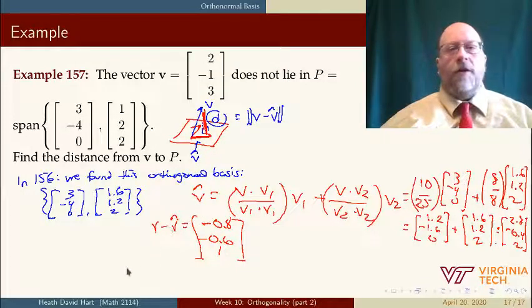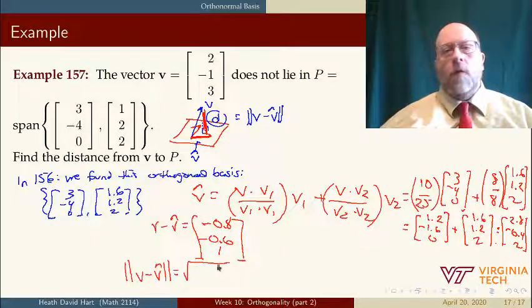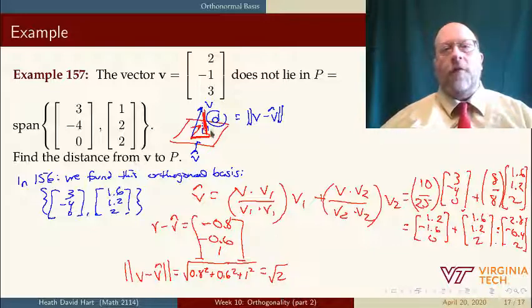And the last thing we need to do is take the magnitude of that vector, which is the square root of 0.8 squared plus 0.6 squared plus 1 squared, which turns out to be exactly the square root of 2. And so how far is this vector up here from the plane? This turns out to be square root of 2. Okay?